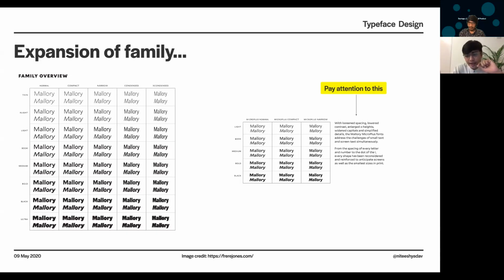So if your typeface has a regular version which is maybe 10 units wide, and the X height is maybe 6 units or something like that, then in your smaller versions, a decision has to be taken: I'll increase the X height from 6 to a bigger number.